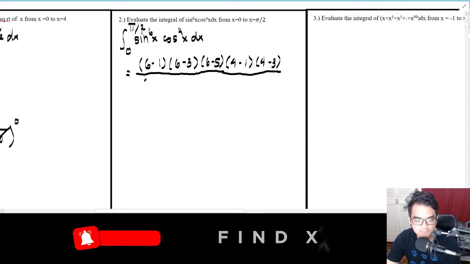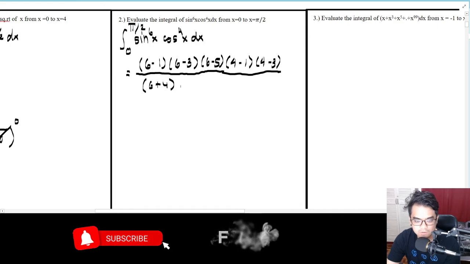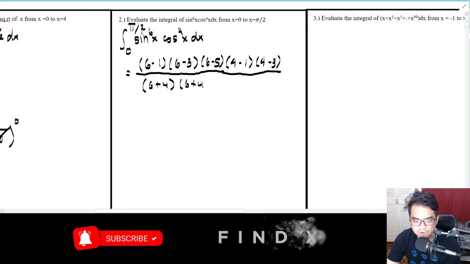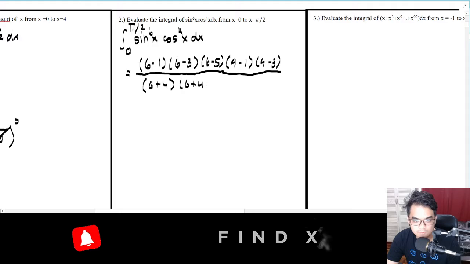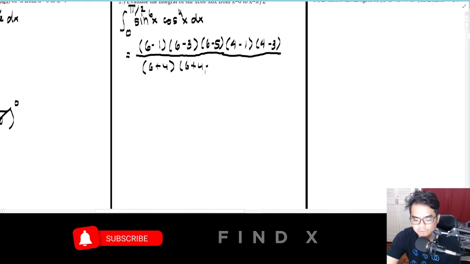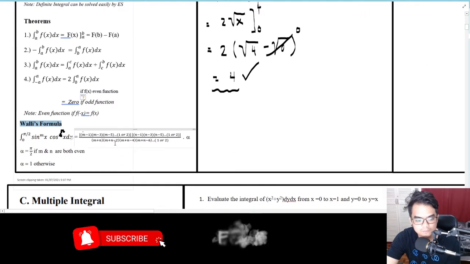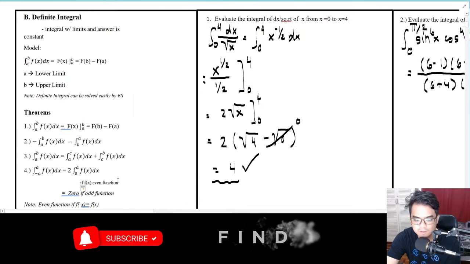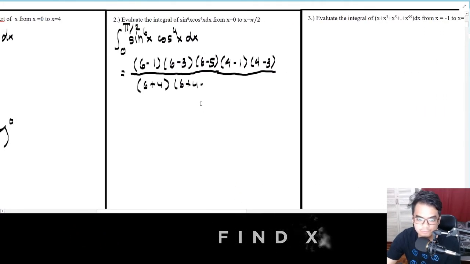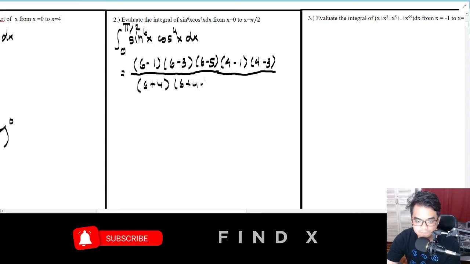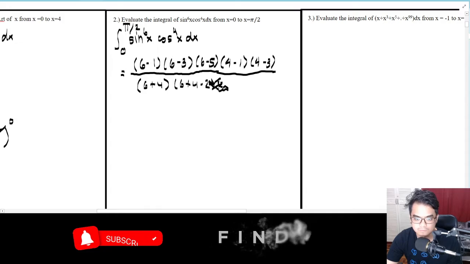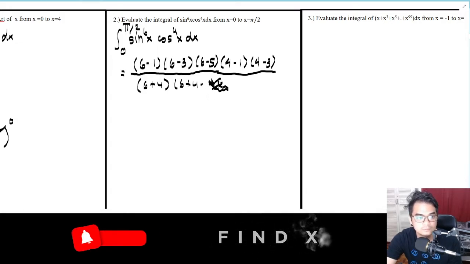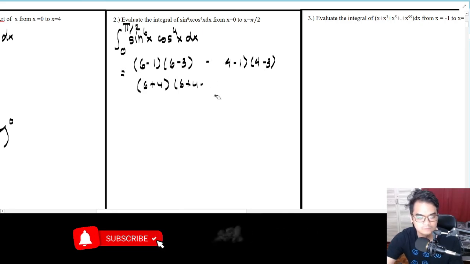And then for the denominator, you have to add both of the powers. So that will be 6 plus 4, times 6 plus 4 minus 2, right? Minus 2, and then minus 4, and then minus 6, until it becomes 1 or 2.